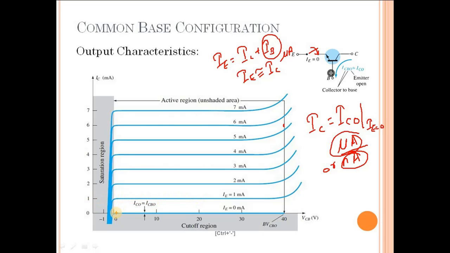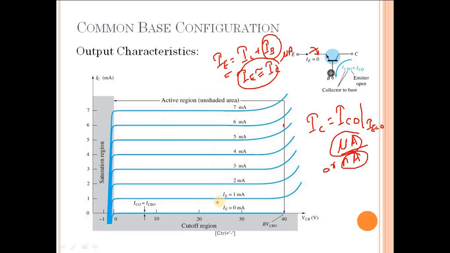We also note that for the entire variation of VCB, IC doesn't change much in the output characteristics. So in the active region, when IE is more than 0 milliampere, IC is almost equal to IE, and the reason we have just discussed.